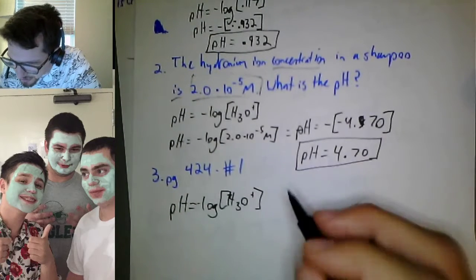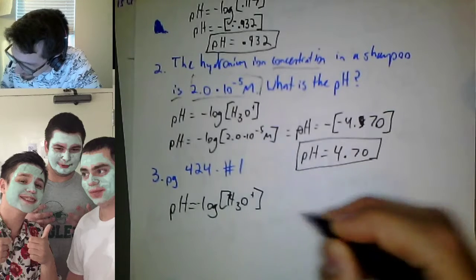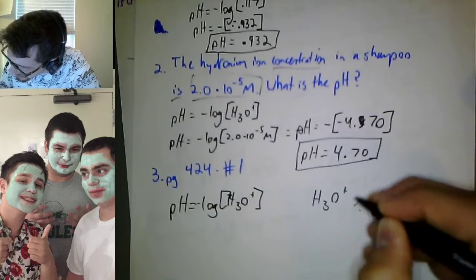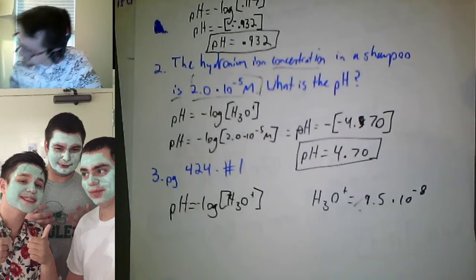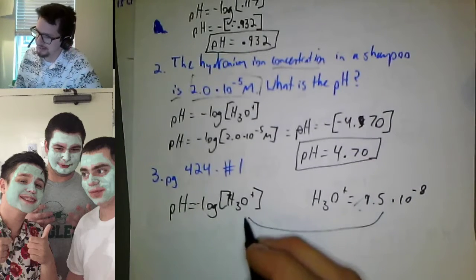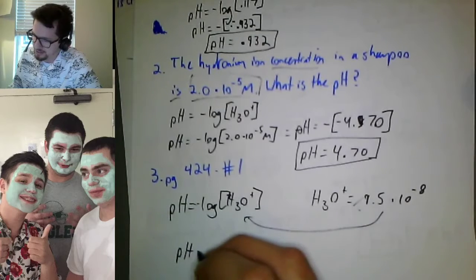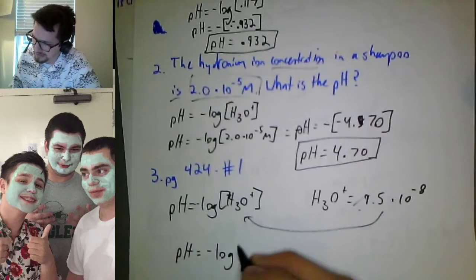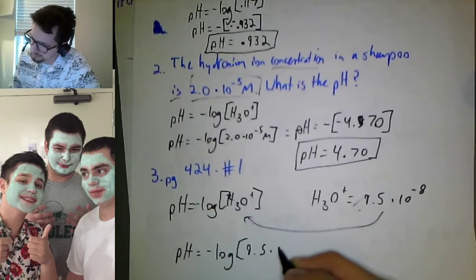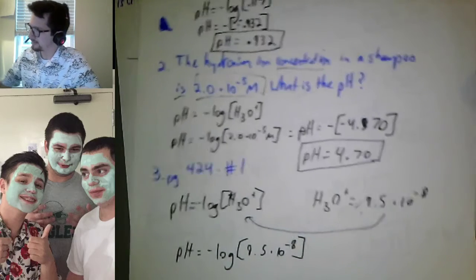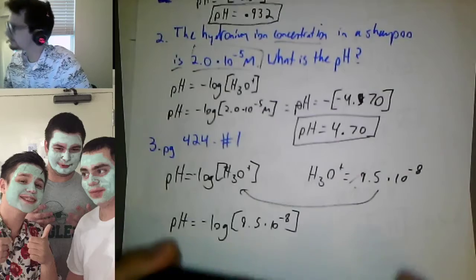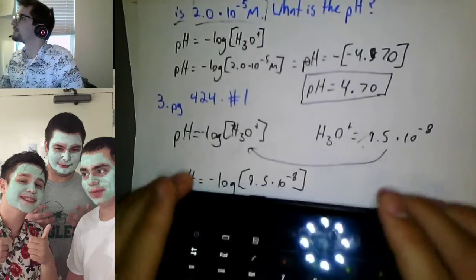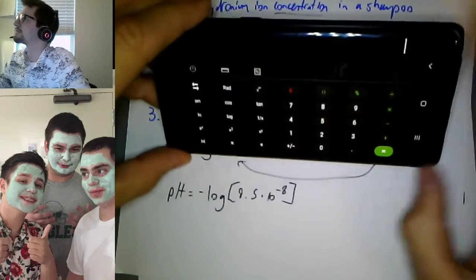Find the pH of a solution whose H3O concentration equals, it tells me what H3O is, 9.5 times 10 to the negative 8. So I just got to plug that number in there. pH equals negative log of that. Now I'm going to type that into the calculator.